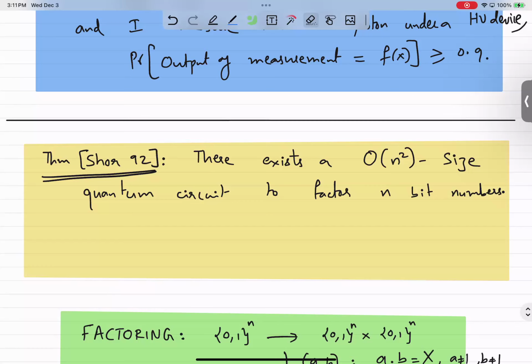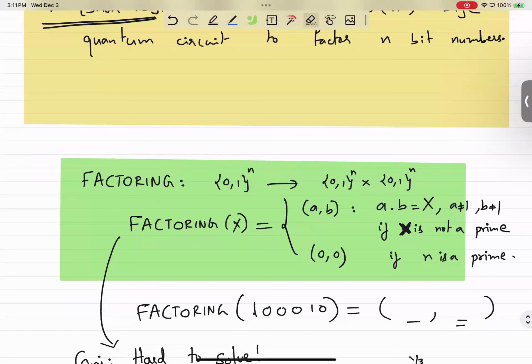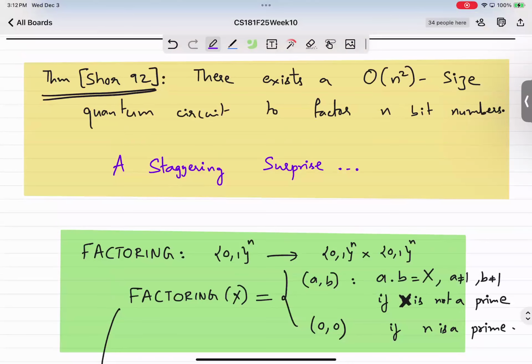Okay, this was like a staggering surprise, and really forced people to rethink quantum computation, not just as a curiosity, as something that would be useful for chemistry, but also very fundamental for algorithmic tasks.